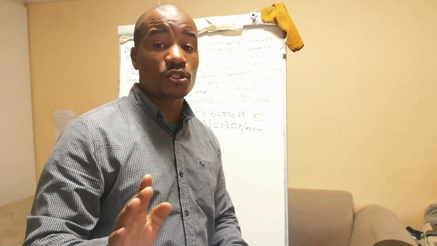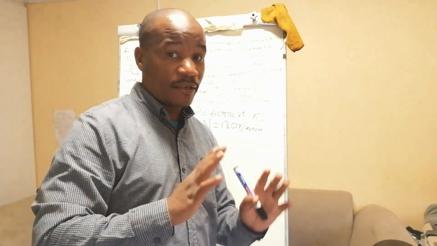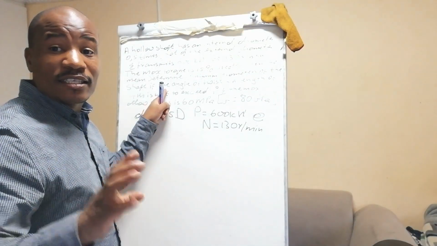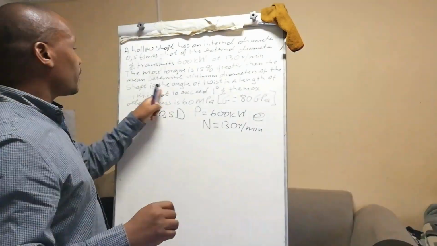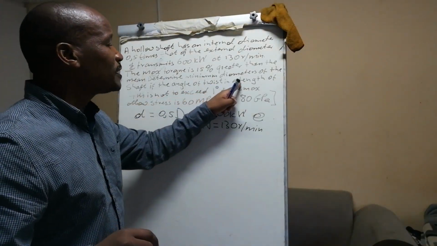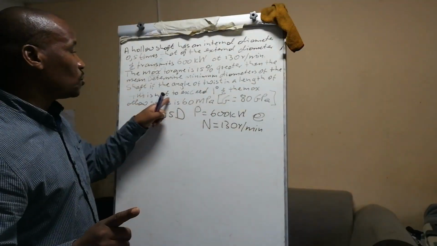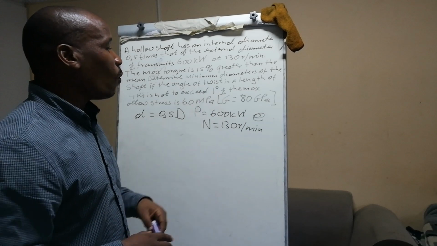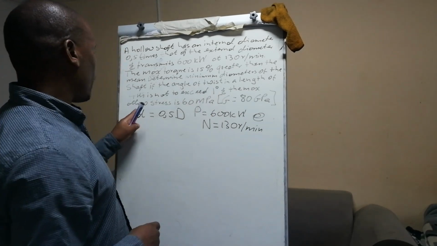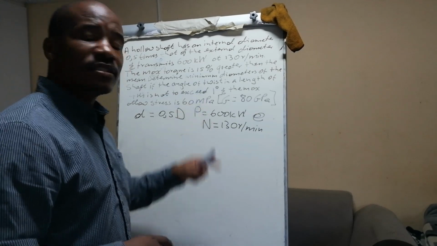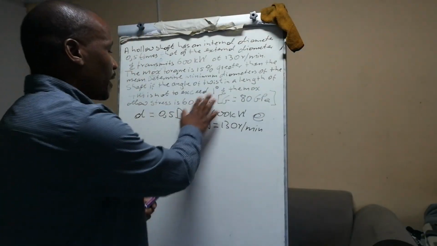The conditions are that the angle of twist in a length of 4 meters is not to exceed 1 degree, and the maximum allowable stress is 60 megapascals.